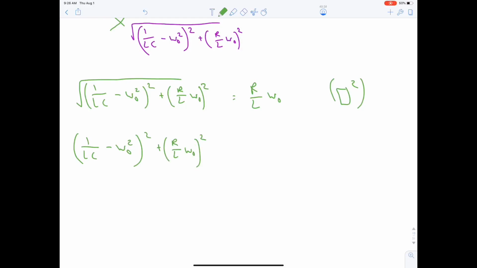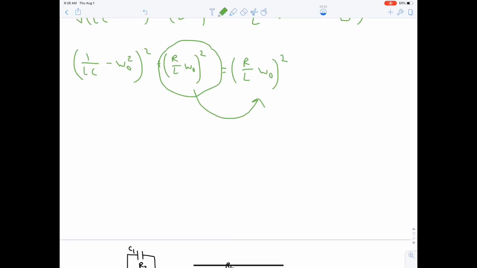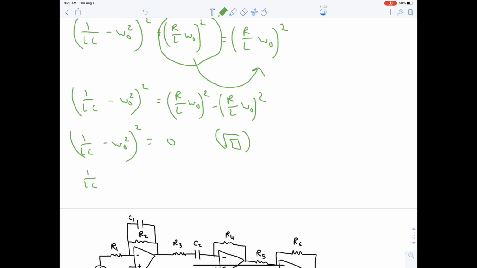Taking this to the other side will result in (1 over LC minus omega naught squared) squared equal to (R over L omega naught) squared minus the same thing, so it will be 0. Then square both sides to get rid of the square.